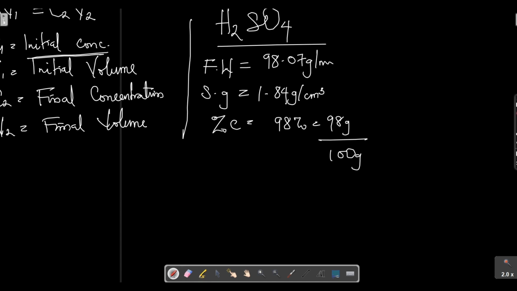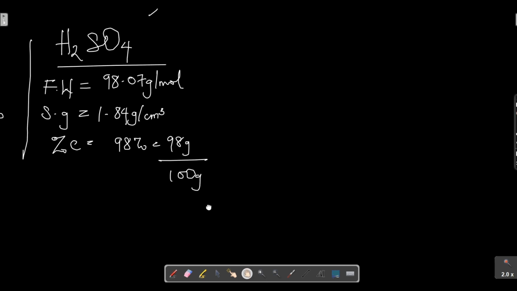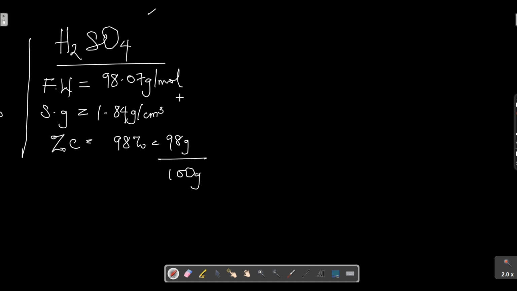Now, with these three pieces of information you have here, you can calculate the molar concentration of the stock solution by doing this. Just follow this simple step. Here we have the percentage concentration, which is 98 grams of the acid over 100 grams of solution. You multiply it with the specific gravity.